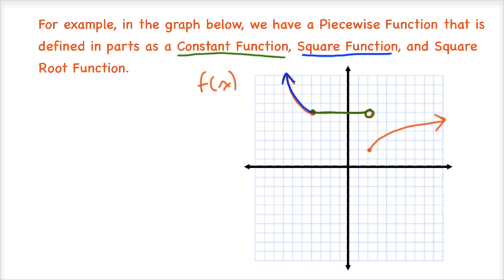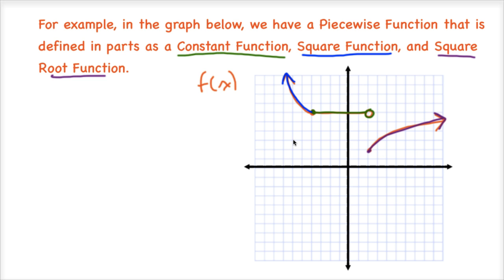And then finally, the square root function, remember, looks like a parabola on its side. So that looks like this part of our function f of x is the square root function. Okay, so we've identified where this f of x is partially made up from these different functions. So I've identified that on the graph.